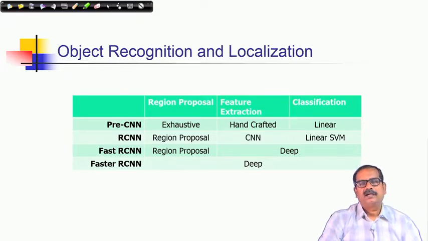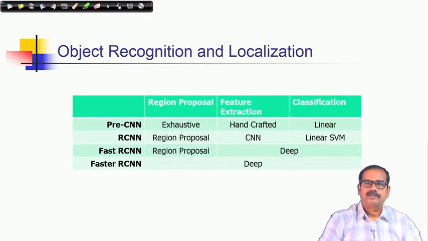For deep neural architecture based techniques, there are 3 such variations. Very first, a technique called RCNN was proposed. RCNN considers that the task of region proposal should come from conventional methods, and the feature extraction part should be done using a CNN. So, you do not have to use any handcrafted design.